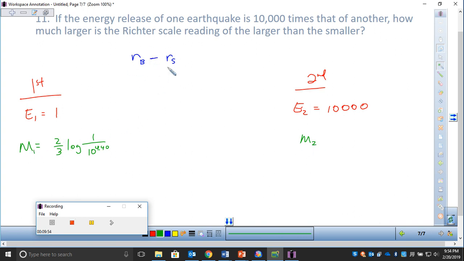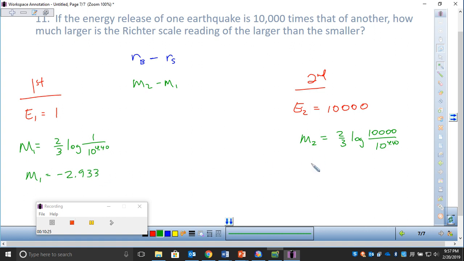And that's what this turns into: magnitude 2 minus magnitude 1. Same type of thing, 2/3 log of 10,000 divided by 10 to the 4.40. So plug both of these into your calculator, and after plugging both of these in, you get magnitude 1 is negative 2.93 repeating.